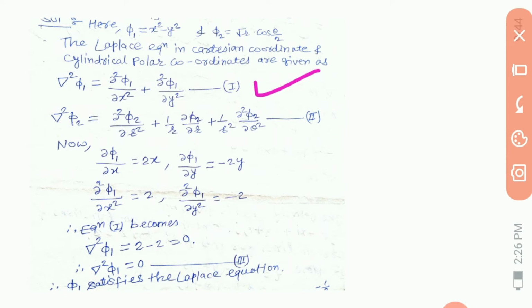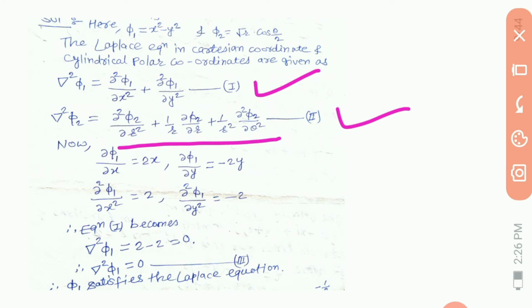Del square φ2 is equal to ∂²φ2/∂r² + (1/r) ∂φ2/∂r + (1/r²) ∂²φ2/∂θ². This equation.